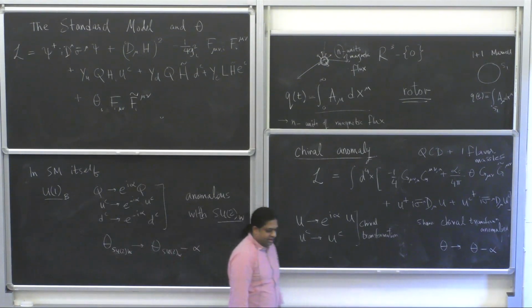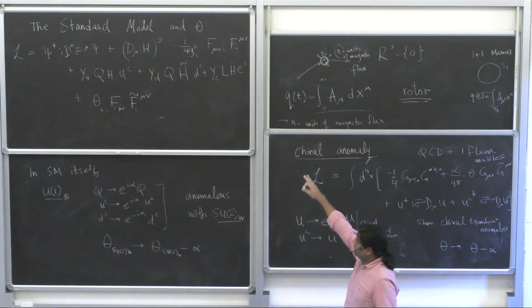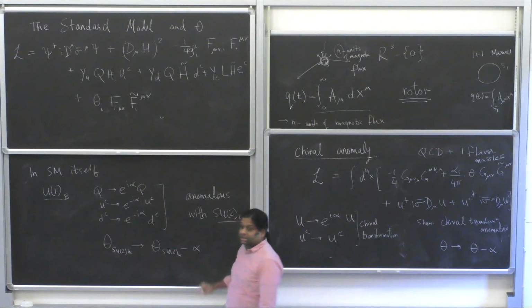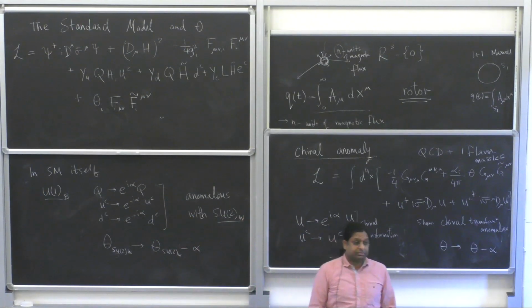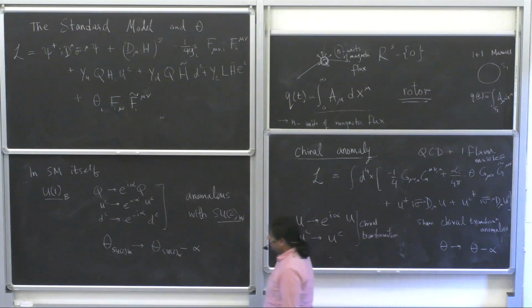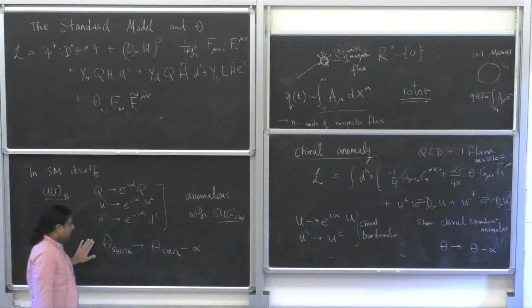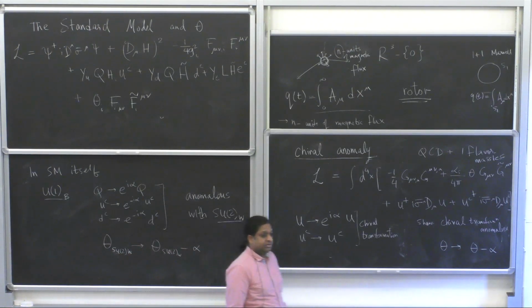Under a baryon number rotation, for example, the SU(2) theta angle would shift by that rotation. So we could choose a rotation to just set the theta of SU(2) to 0. Okay. So within the standard model itself, the SU(2) angle can be rotated away and is not physical.